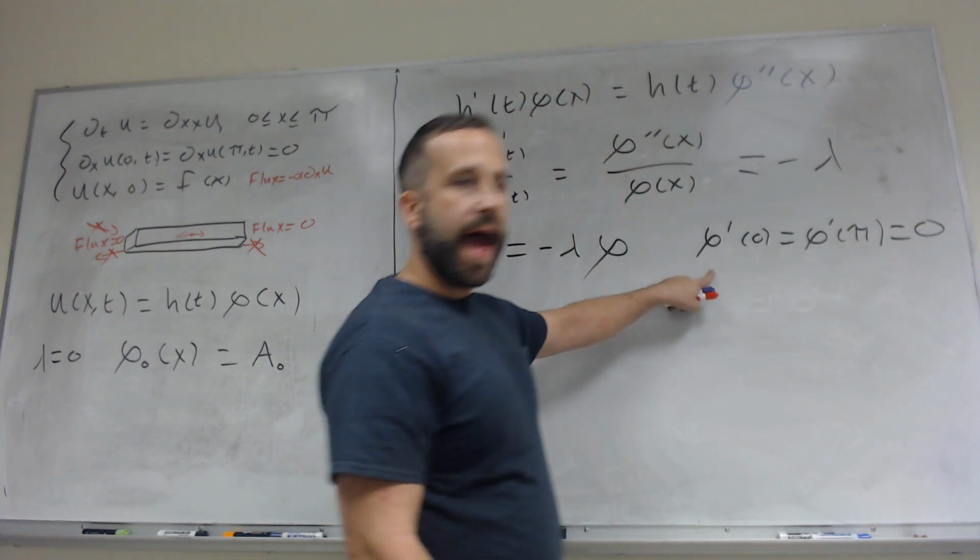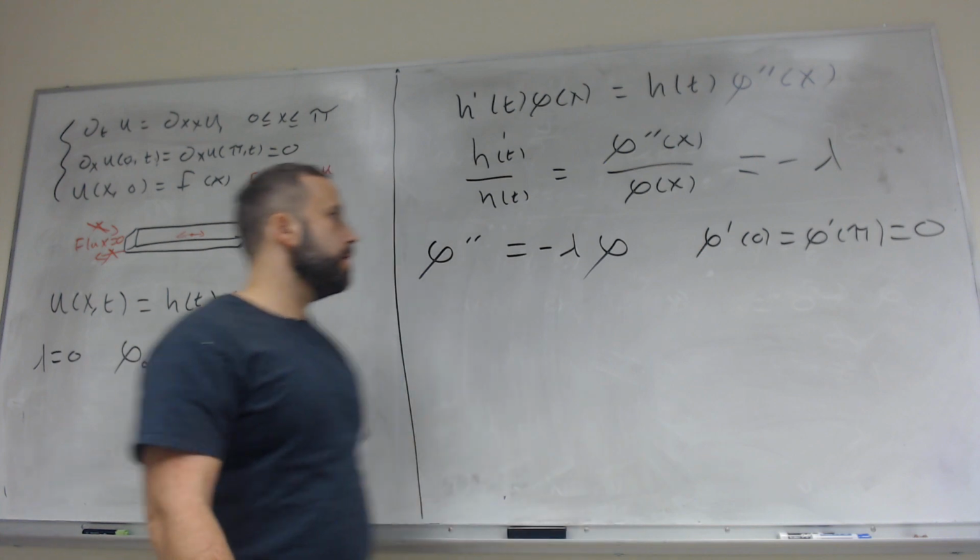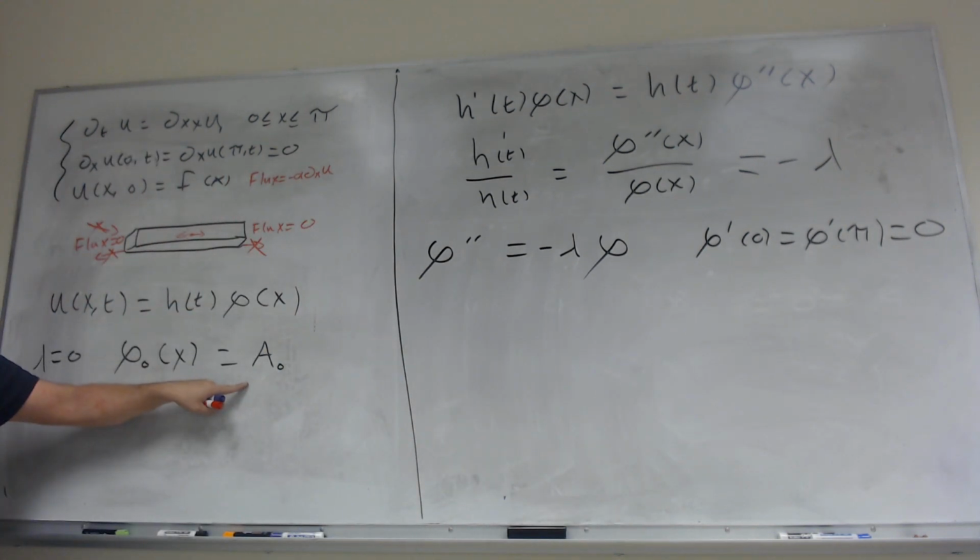In other words, when the boundary conditions have derivatives equal to 0 rather than the function, constant functions are allowed to be solutions because they no longer have to be 0 at the endpoints. It's just their derivatives that have to be 0 at the endpoints.